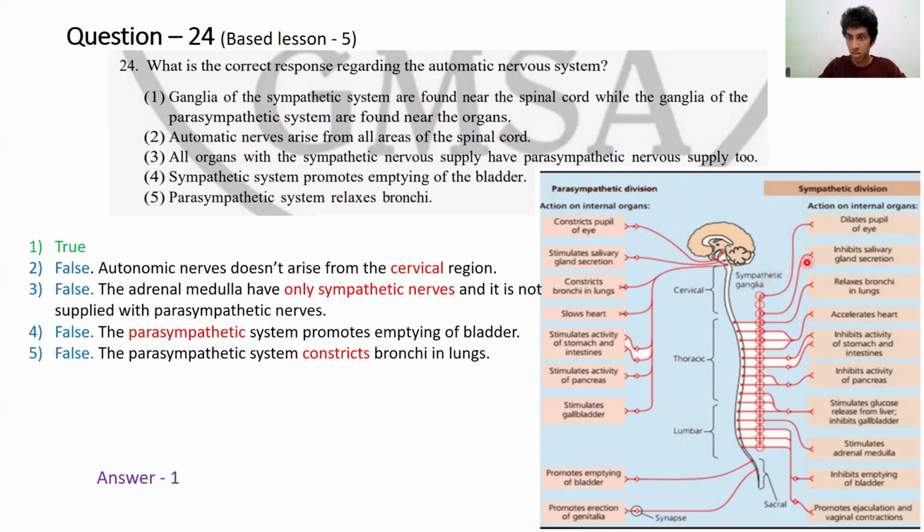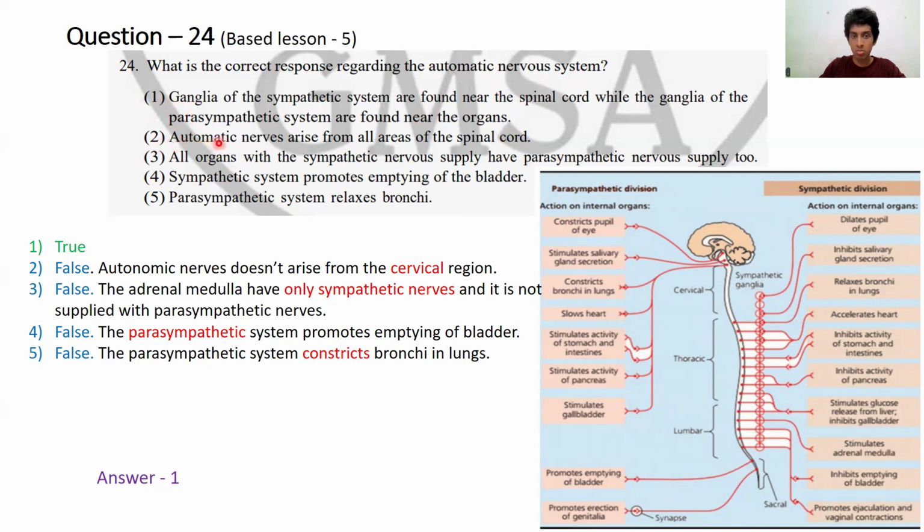These are the sympathetic nerves and these are the parasympathetic nerves. These are the ganglia of the sympathetic system and these are the ganglia of the parasympathetic system. So the sympathetic ganglia are found near the spinal cord and the parasympathetic ganglia are found near the organs. So the first statement is correct.